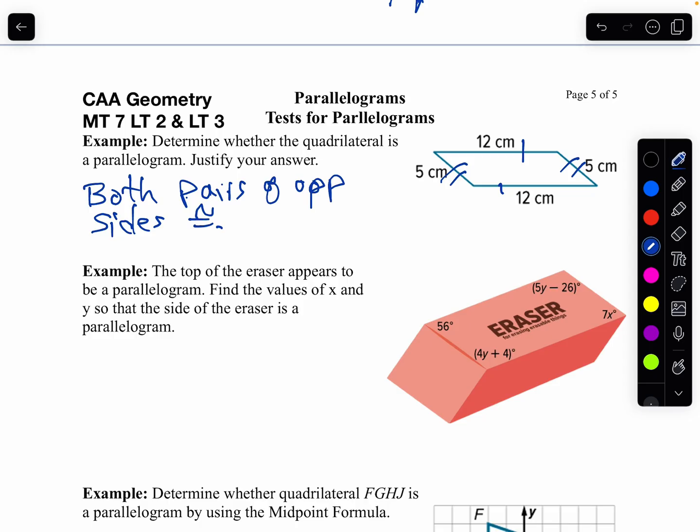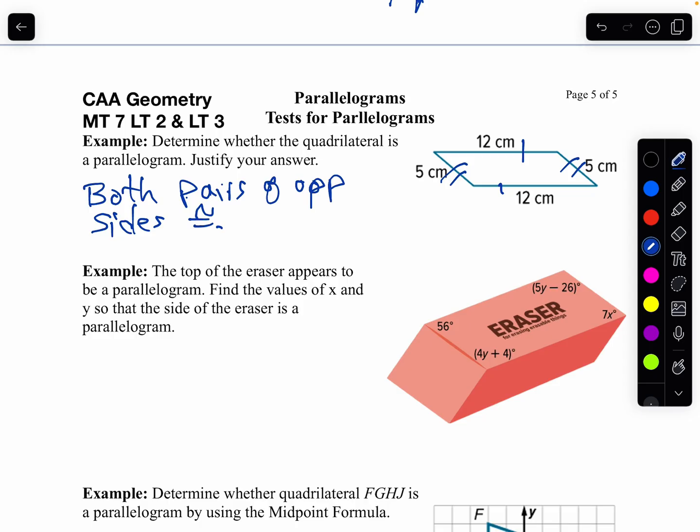Now, our next example. I want to know what value of x and y are going to make this a parallelogram. Well, to make it a parallelogram, I know both pairs of opposite angles must be congruent.